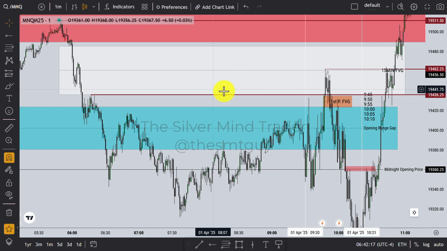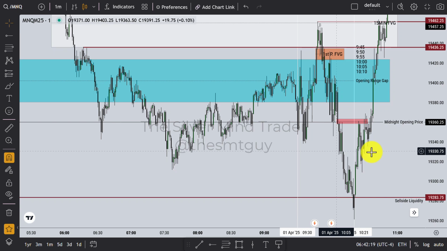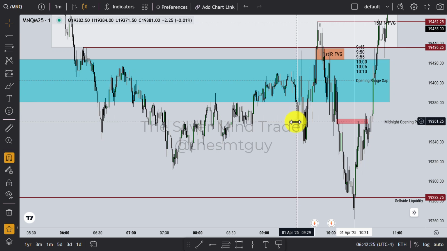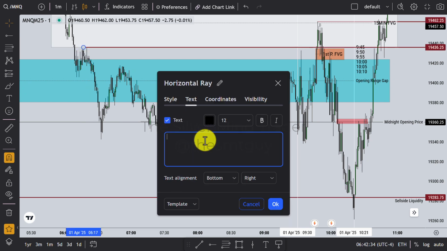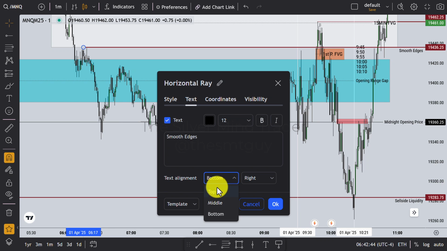If you're expecting price to go down for a sell side objective at a particular time, at 9:30, these are the only available liquidity pools. These are the only smooth edges.